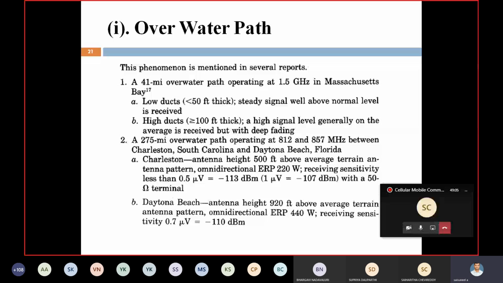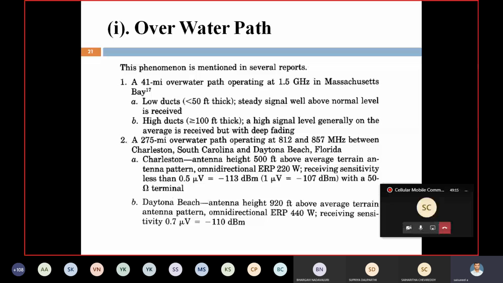The distance of the operating path here is 45 miles. High ducts. Low ducts are anything less than 50 feet thick. That is, from the above we have to calculate 50 feet thick, and we are getting some interference.